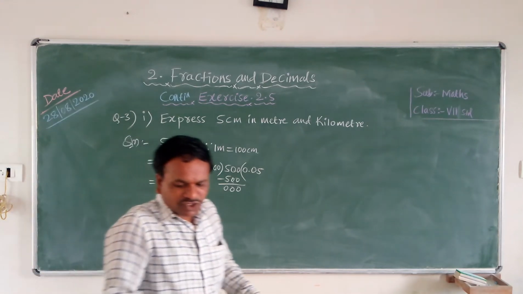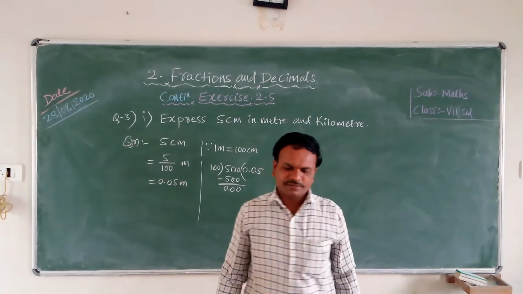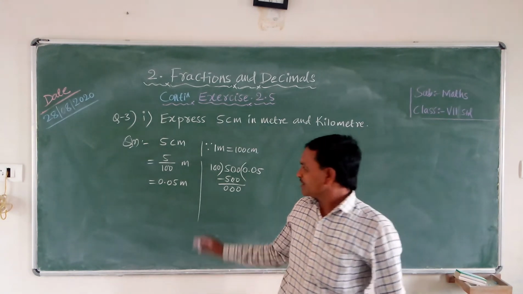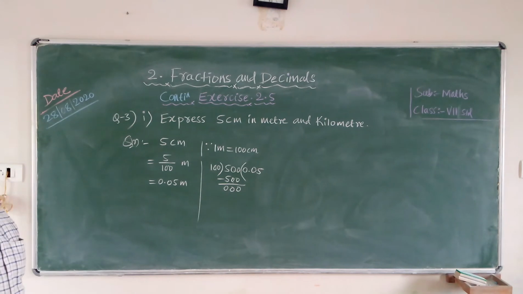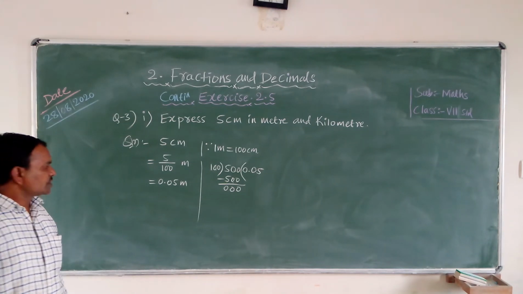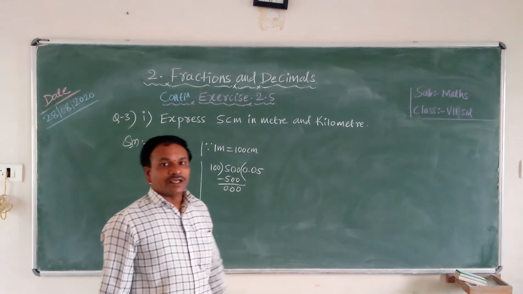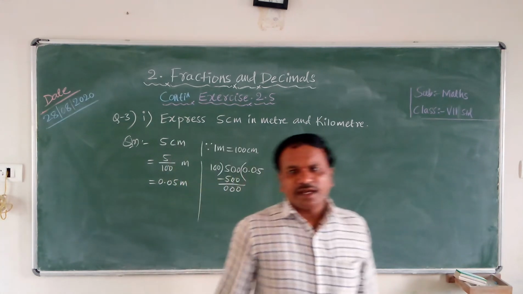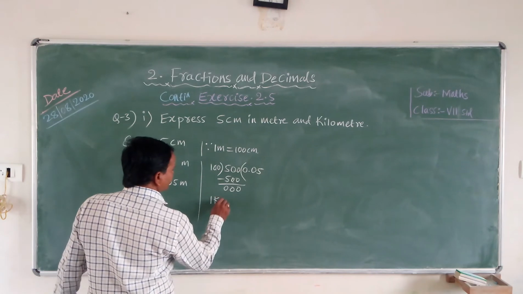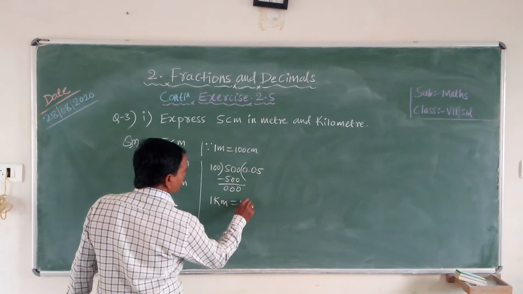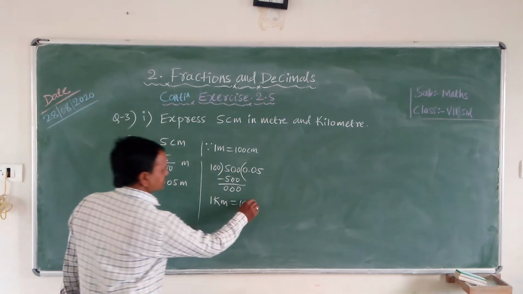0.05 meter is also converted into kilometer. How to do kilometer? This is very important, my dear students. Kilometer means divide by 1000. So here 1 kilometer is equal to 1000 meter.